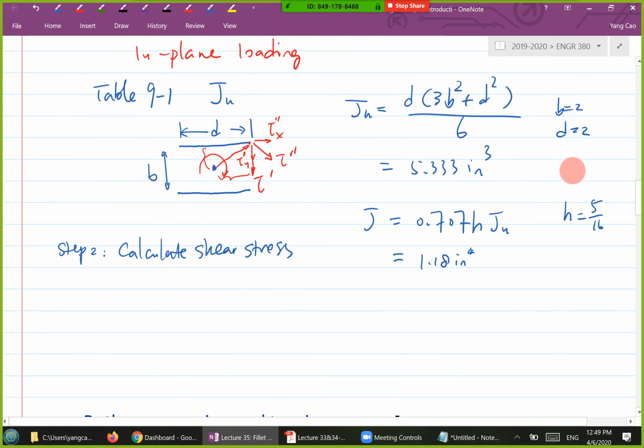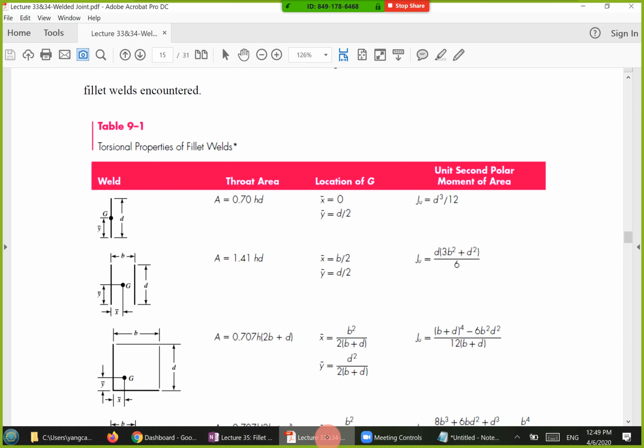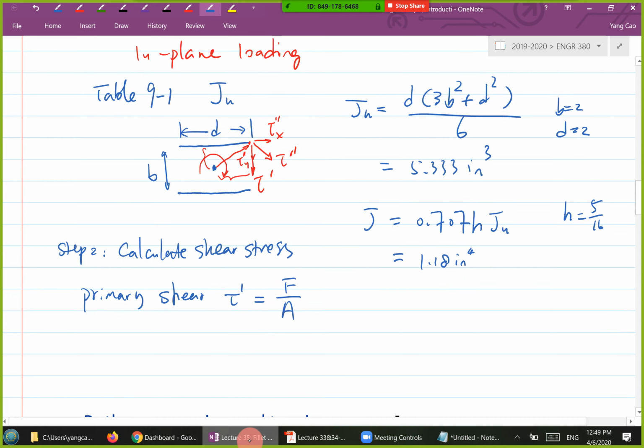So the first step is the primary shear, tau prime, and that's due to F over the throat area. The throat area you can also get from this table, which is 1.414, because there are two strips here.